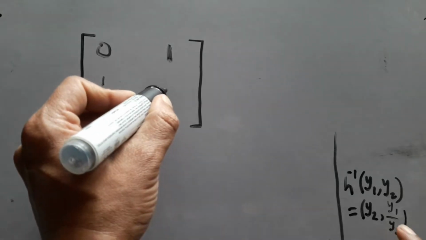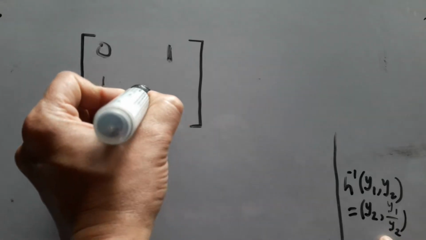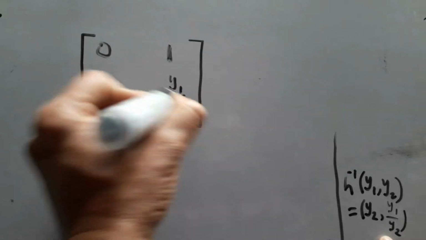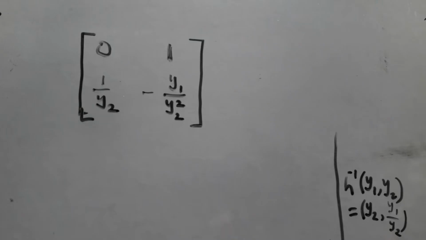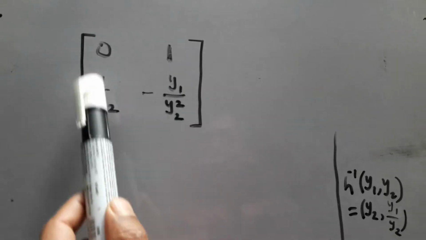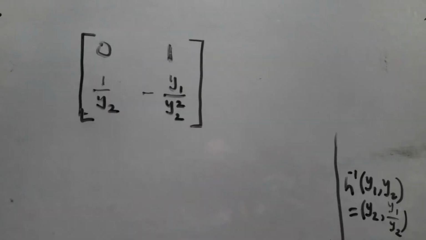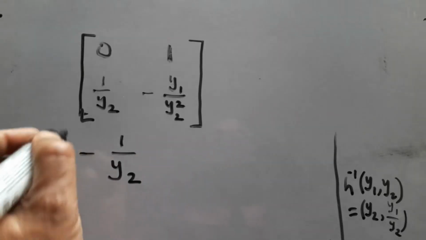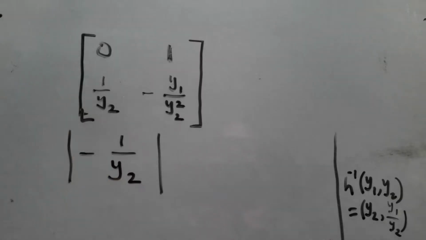Partially differentiate this with respect to y2, and you will get minus y1 by y2 squared. So that is our Jacobian matrix. Next we shall find the determinant, which is this times this minus this times this, which is this. Now I know that y2, which is actually x1, is positive. So when I take the absolute value of that, the absolute value will not have the minus sign.